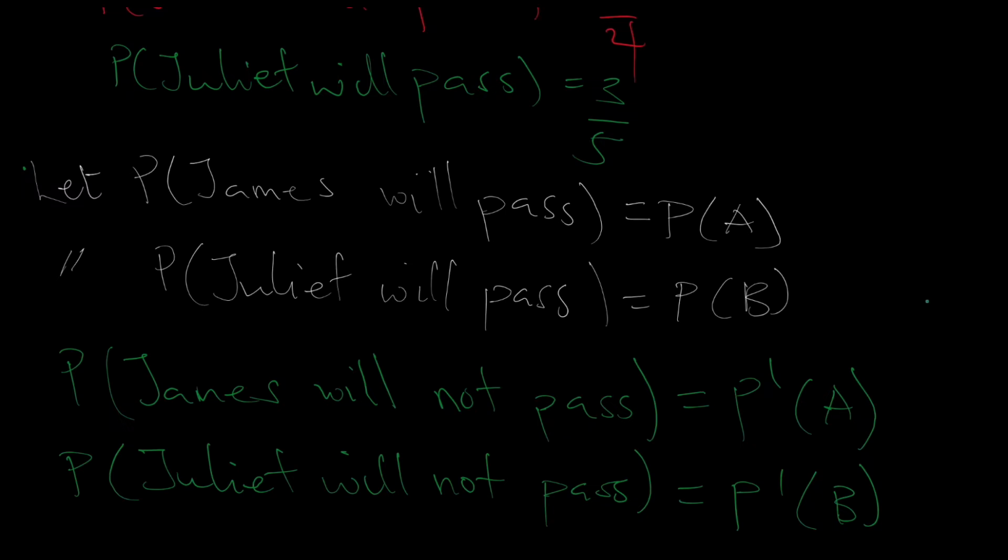And to find the probability that Juliet will not pass, we subtract the probability that Juliet will pass from 1.